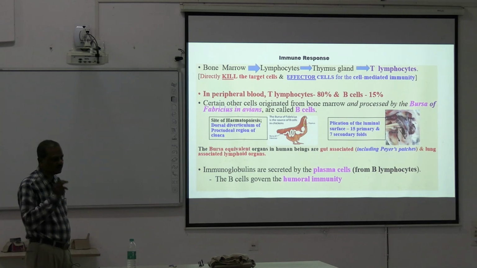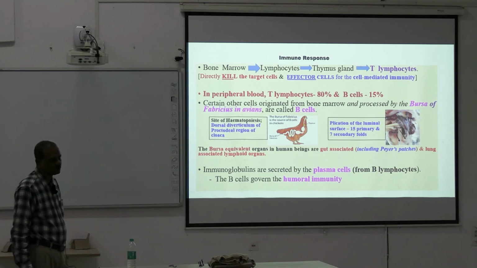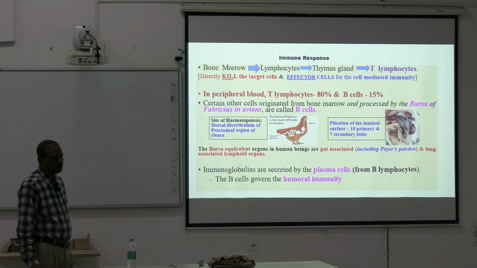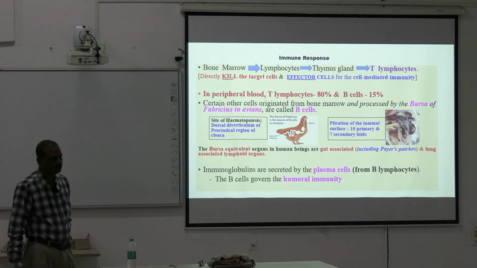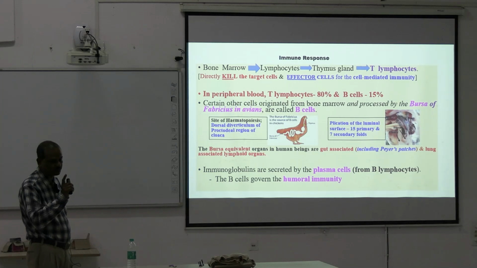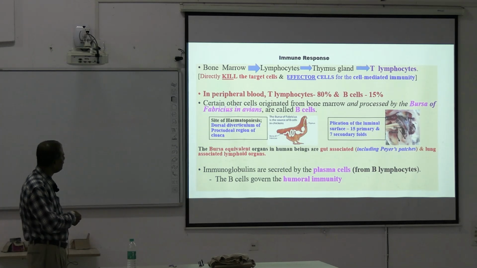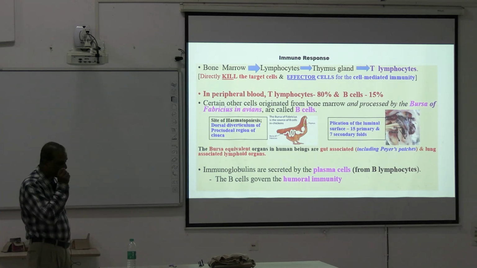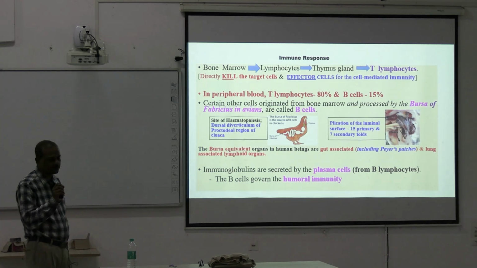Killing is basically the effector mechanism. So, they are killer cells or effector cells. Don't get confused with the natural killer cells, which are present in the innate immune system. In the peripheral blood, note down that T lymphocytes are 80% and B lymphocytes are 20%.